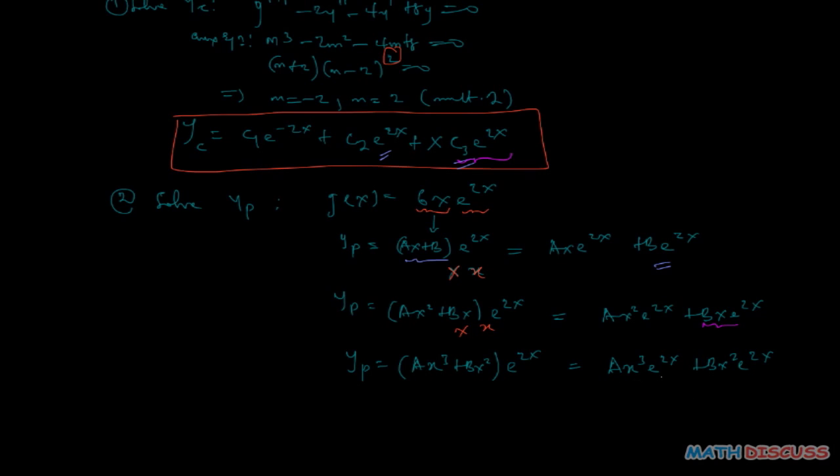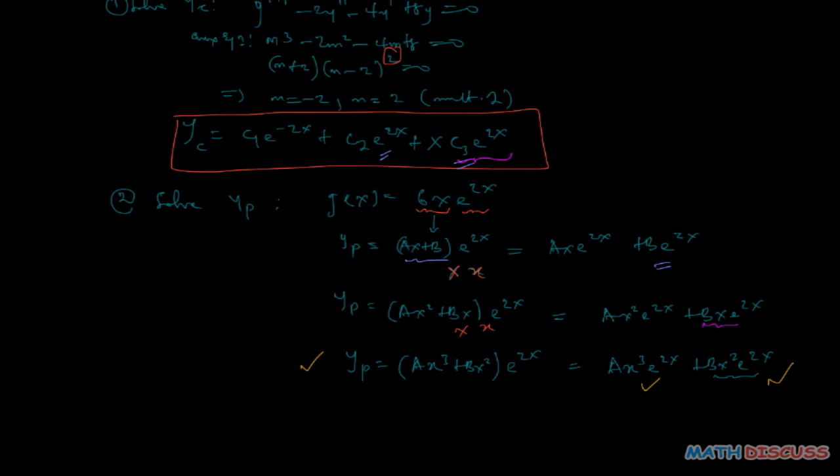The first is a multiple of x squared e to the power 2x. Do I have anything like that in the complementary function? No. So this is checked. The next is a multiple of x cubed e to the power 2x. Do I have anything like that in the complementary function? No, there is nothing like that. So this is also checked, and we are good to go. We can use the yp that we have there.